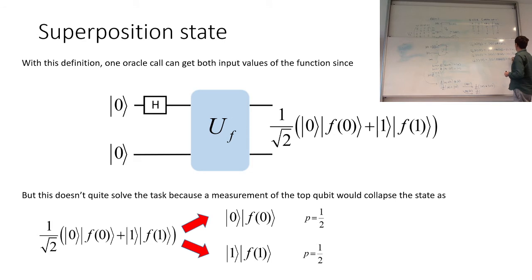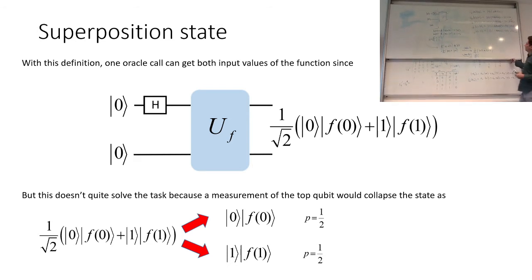So this is 1 and f of 1. And the last one is 1, 1. Basically this is the output for each individual case.